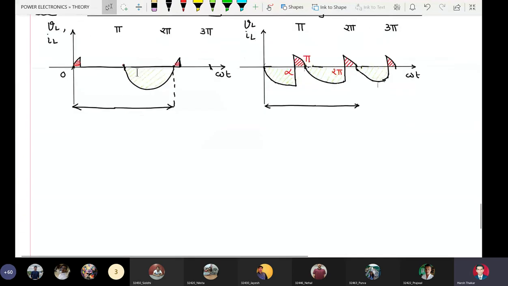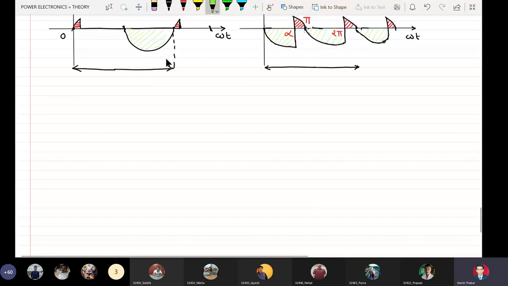And we can give one more example from an AC voltage controller, which some of the students gave while giving presentations for experiment number 7. We can draw that also here.